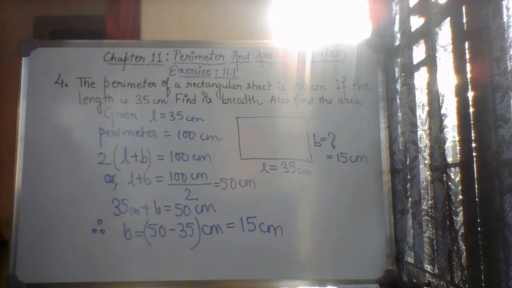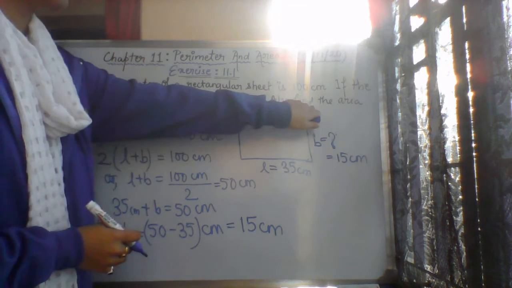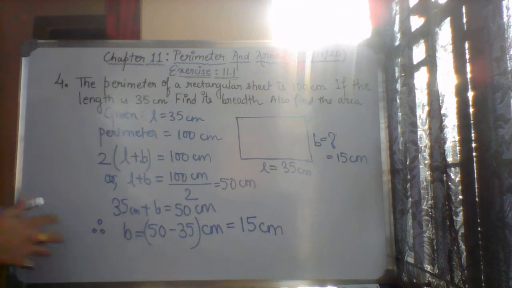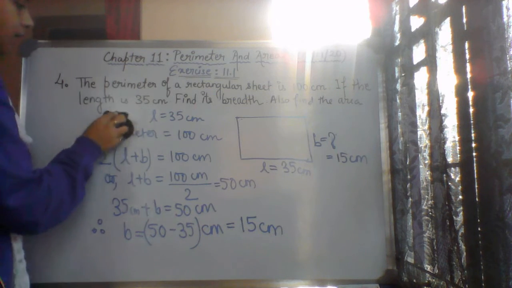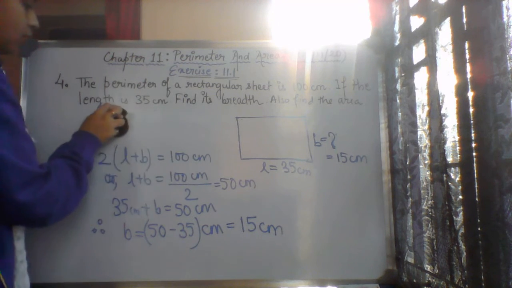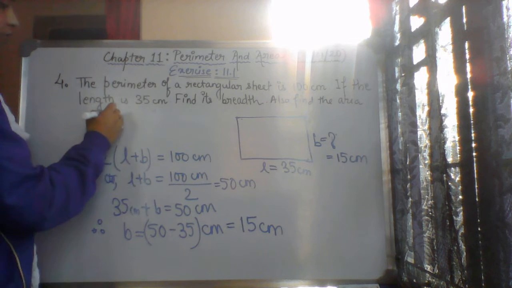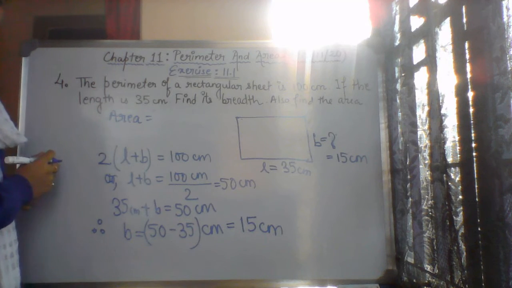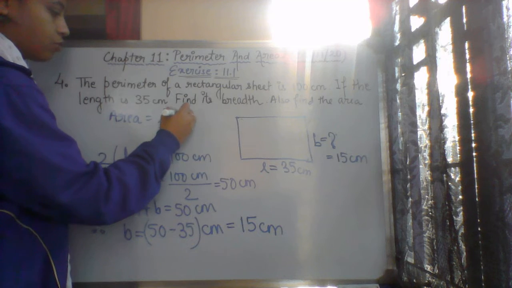So we have got length, breadth and perimeter, and they are also asking to find the area. You know how to calculate the area of a rectangular piece. So area of the rectangular sheet equals length into breadth.